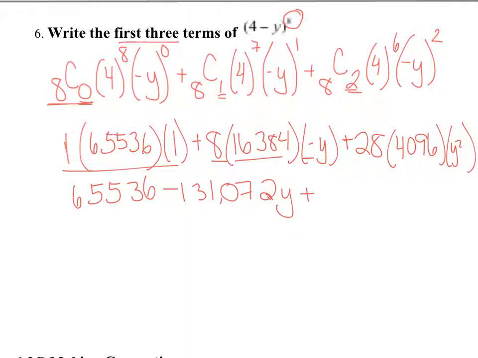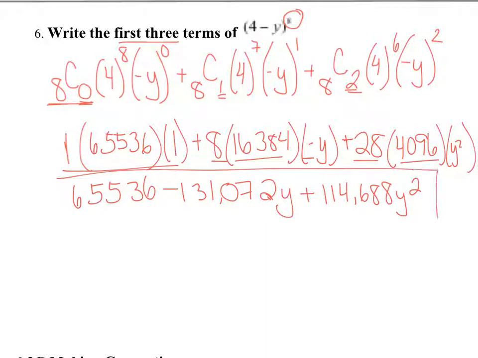And then 28 times 4,096 is 114,688 y squared. And we would be done with that one. So practice with the binomial theorem, and we'll do more next class.